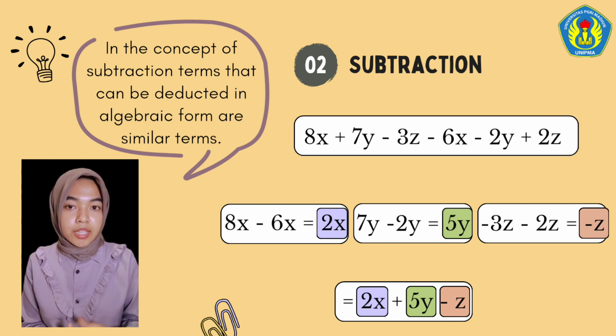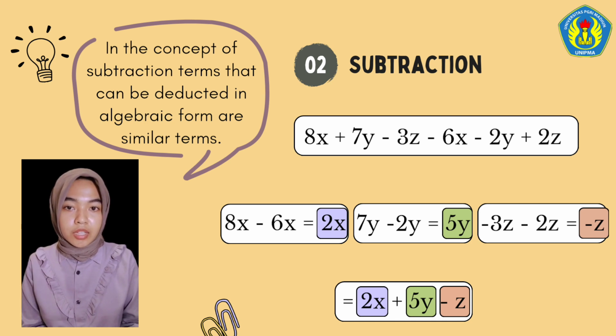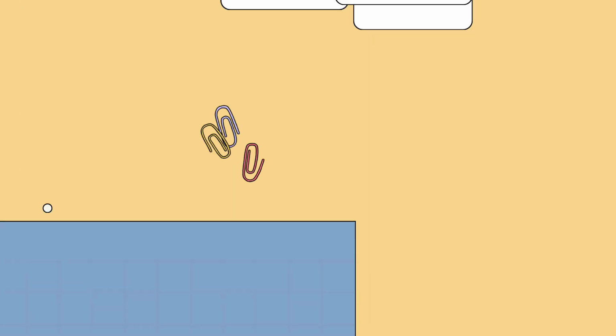Variable x, 8x - 6x equals 2x. Next, variable y, 7y - 2y equals 5y. Next, variable c, 3c - 2c equals c. The coefficient is only 1, so we just write c.